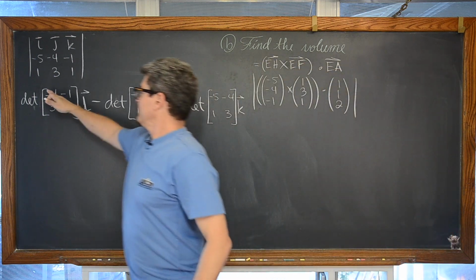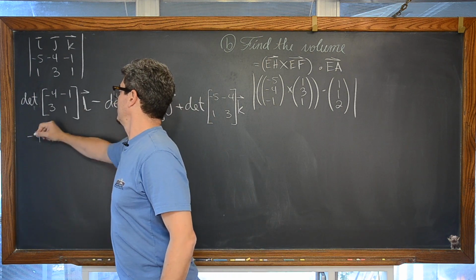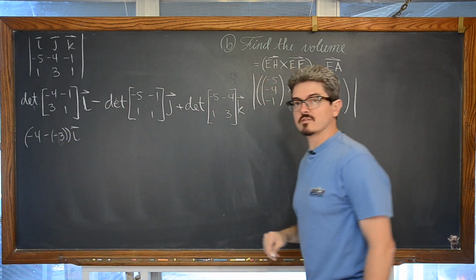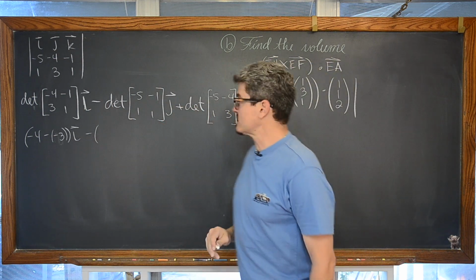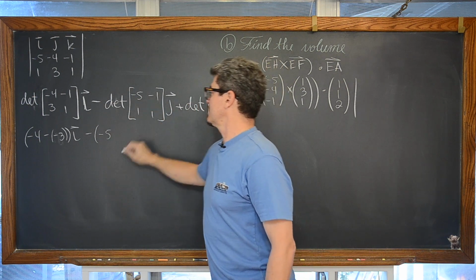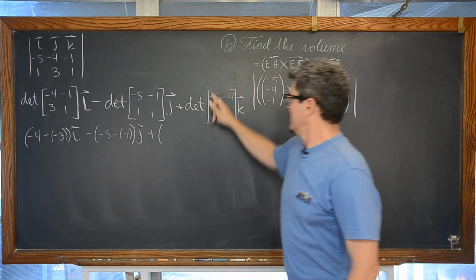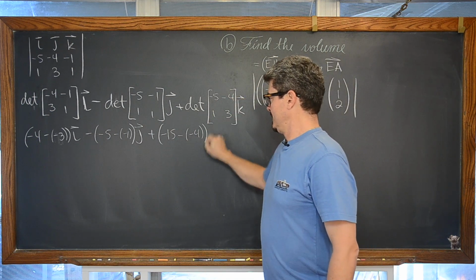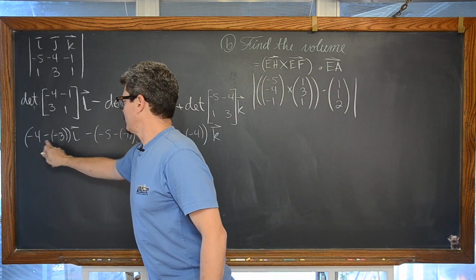We're going to multiply down, negative 4, multiply up and subtract. So it's going to be subtracted by negative 3 as our coefficient of vector I, minus, I do this expansion this way to make sure I don't make a sign error with this minus right here. Multiply down, multiply up and subtract, so negative 5 minus negative 1, vector J plus, multiply down, negative 15, multiply up, minus negative 4, vector K. Negative 4 plus 3 is negative 1.